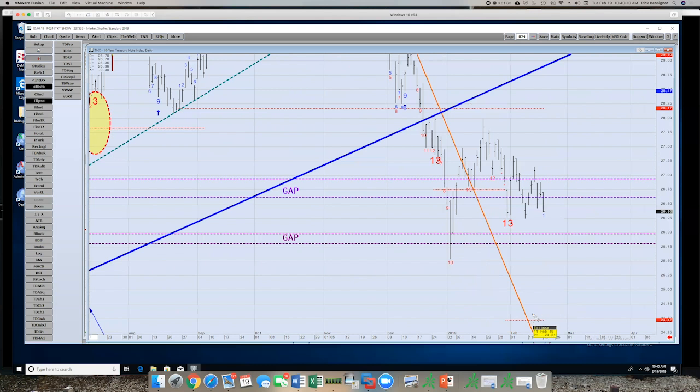So if you were going to play this 13 and, let's say, you could actually buy the TNX at 2.62, you would have to risk all the way down to 2.44, 2.45 or so before you get stopped out. To me, that's probably too large a risk to buy something here.